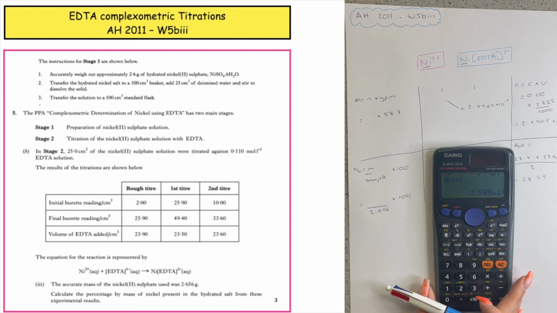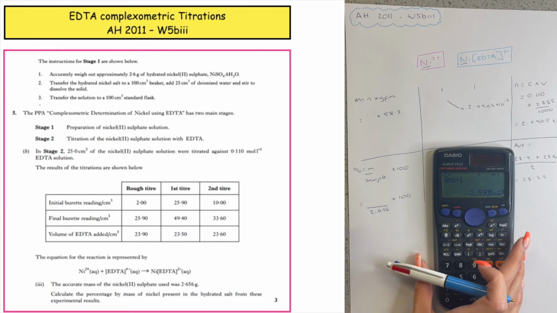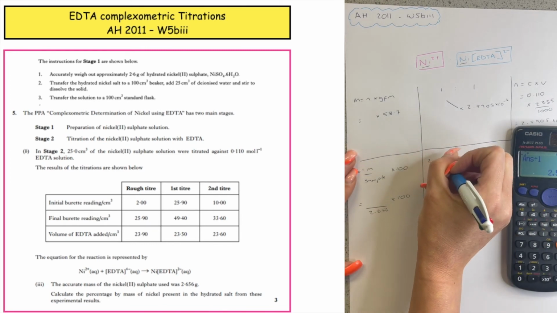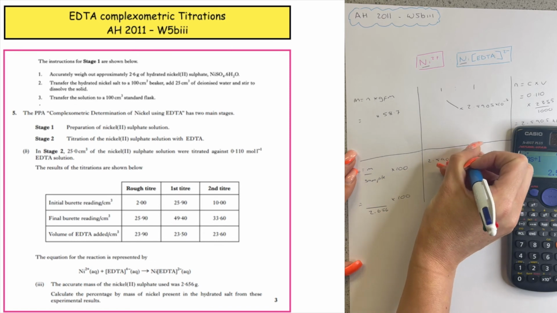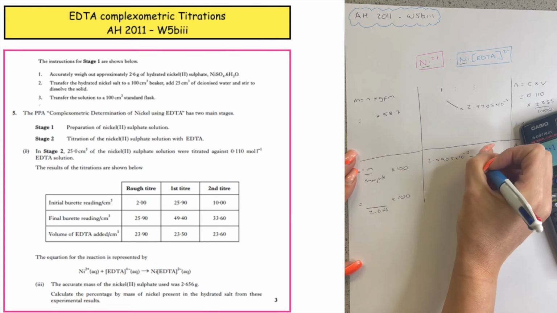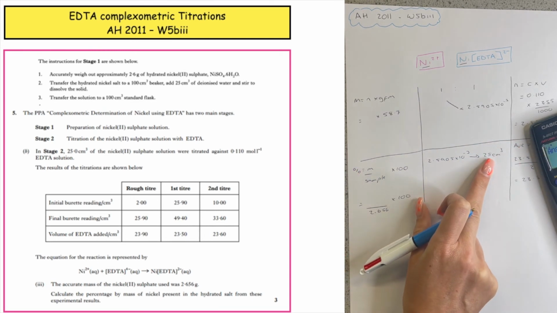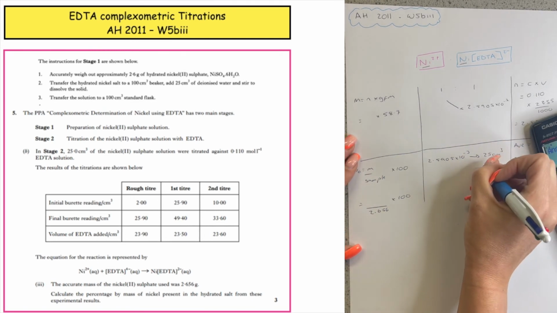But what we can see is at the start of stage 2, it says 25 centimetres cubed of the nickel sulfate solution were titrated, which means 2.5905 times 10 to the minus 3 was found in the small sample or aliquot of 25 centimetres cubed. Now this was extracted from step 1 of our standard flask, so we have to scale for that.